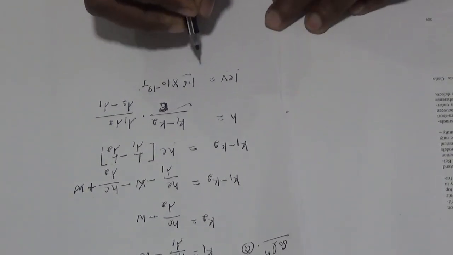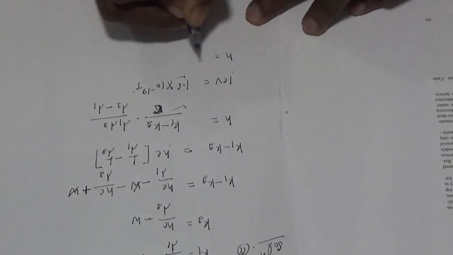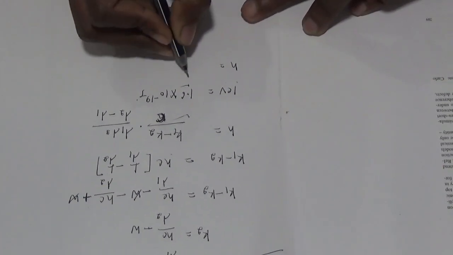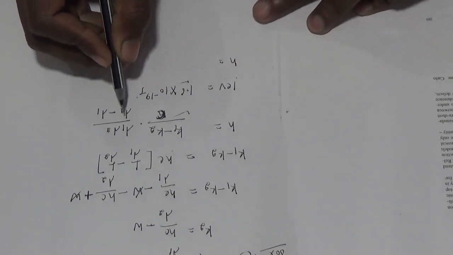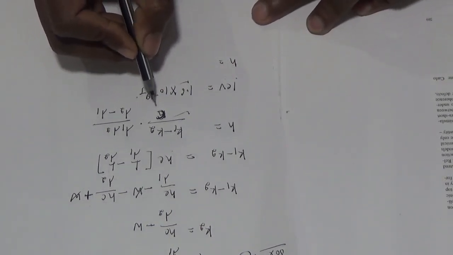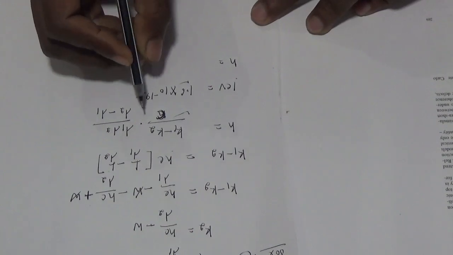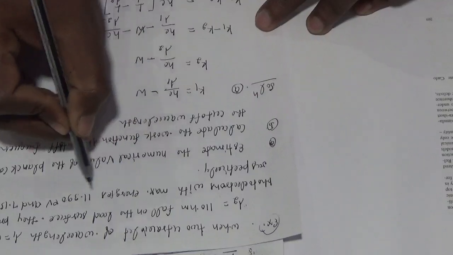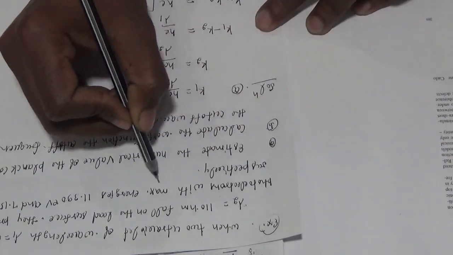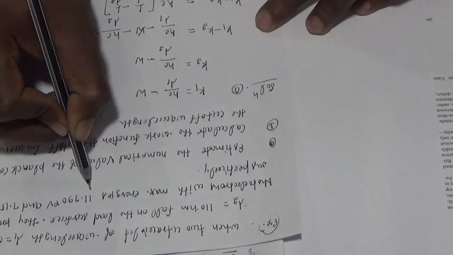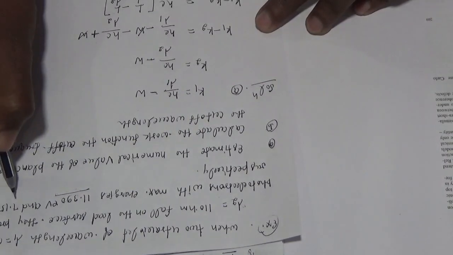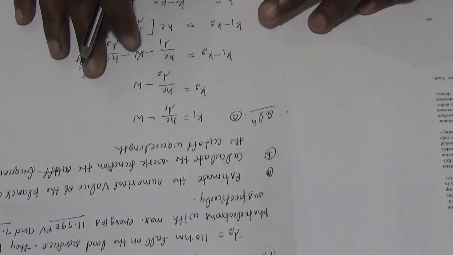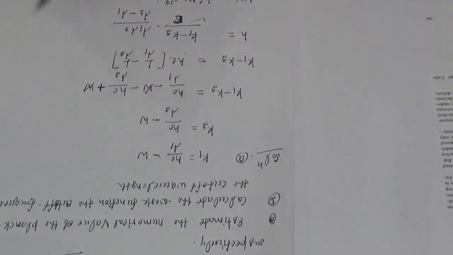Friends, the values of K1 and K2 have been given: they produce photoelectrons with maximum energies 11.390 and 7.154 electron volt.